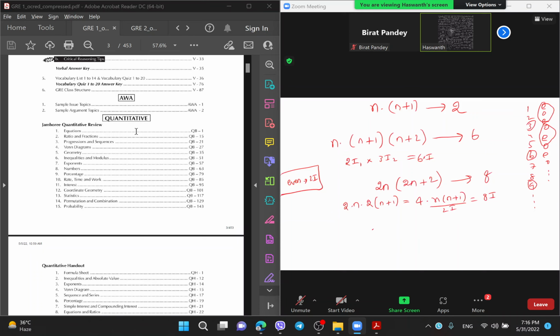What about product of three consecutive even integers? 2n, next one let's say 2n plus 2, and next one 2n plus 4. You keep adding 2, you will get the next even integer.